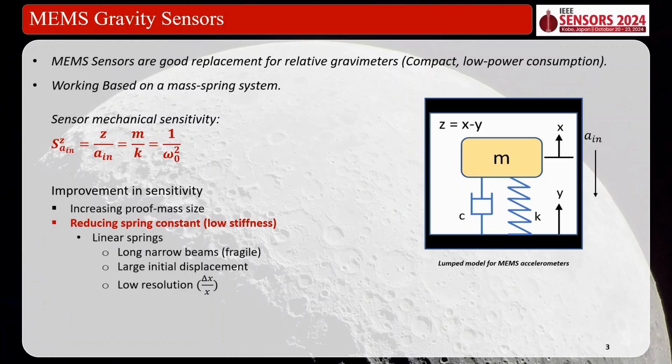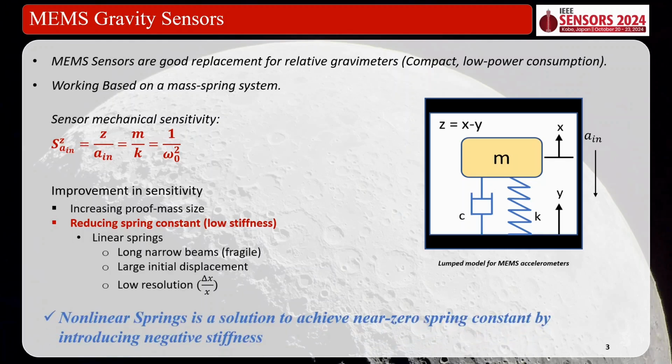It means that it's difficult to detect a very small change in a large domain. So a nonlinear spring can be a solution to get a near zero spring constant by introducing a negative spring.